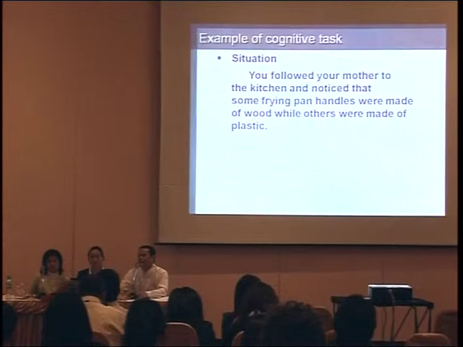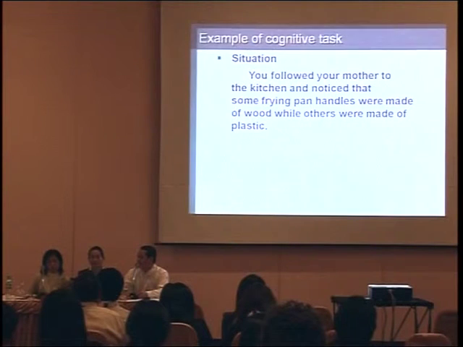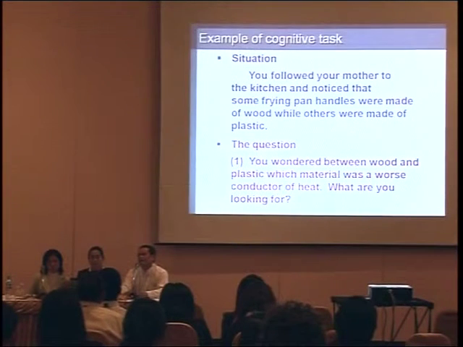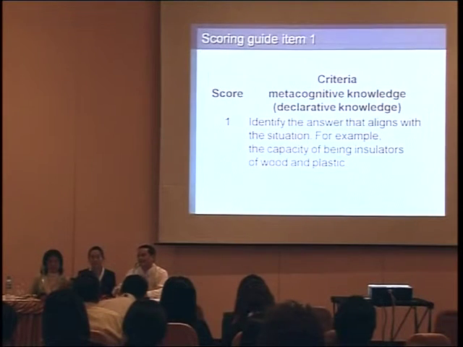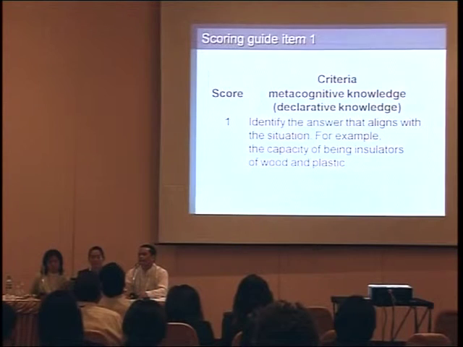Like the situation, I will ask the student to plan to solve the situation. If the student answers correctly and involves the situation, they will have a score of 1, like this. Look in your paper too.